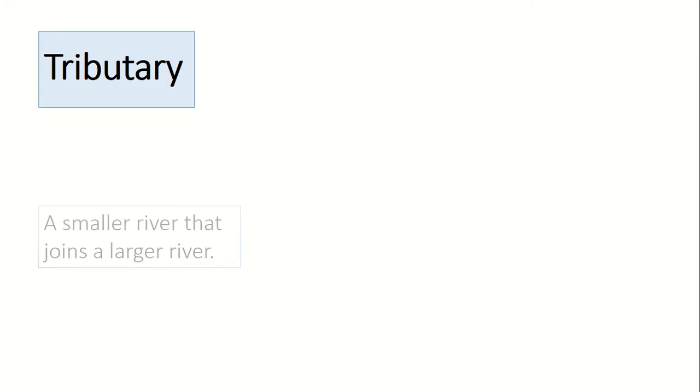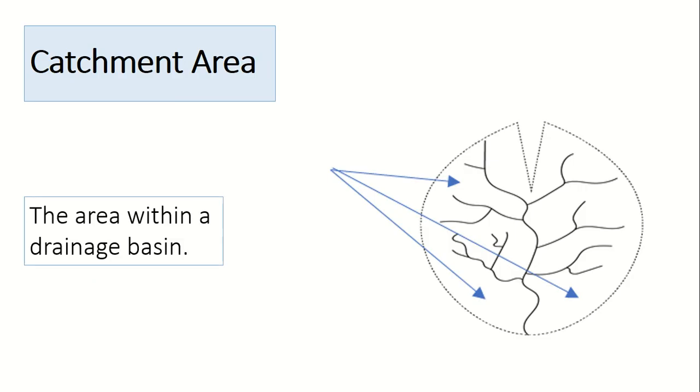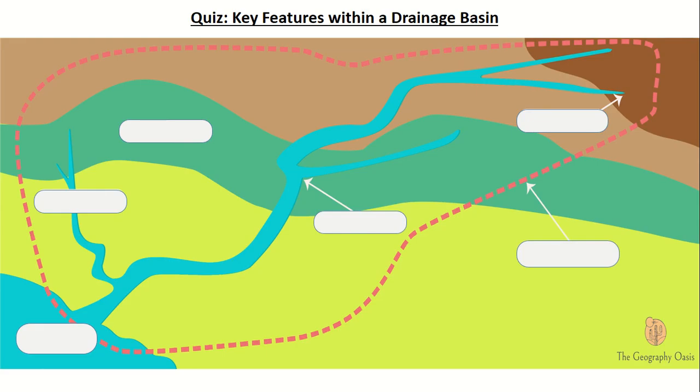So I'm going to have a bit of a challenge here now, because I'm quite interested to see if we'll be able to do this or not. What I've done then is I've taken a diagram which has no labels, no words rather, and I've just tried to label some of the key features of a drainage basin. Those key features are all the exact same ones as we have just covered. I want you to see if you can write them down and work them out.